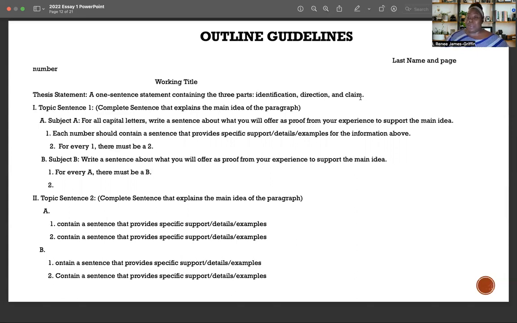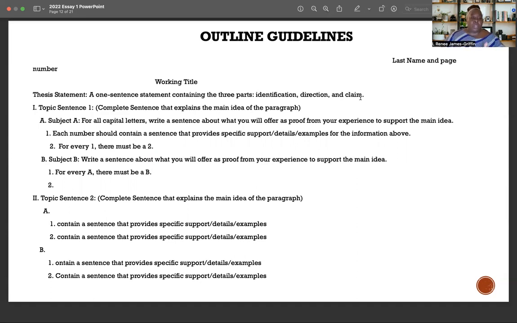Those tend to be your topic sentences and that's probably the start of your paragraphs. So remember, paragraphs have the topic sentences, and then after the topic sentences, the details, the sentences that are in the paragraph refer back to that topic sentence, and it talks about giving you examples and details and information about that topic sentence, right? And so this is going to help you structure your essay.